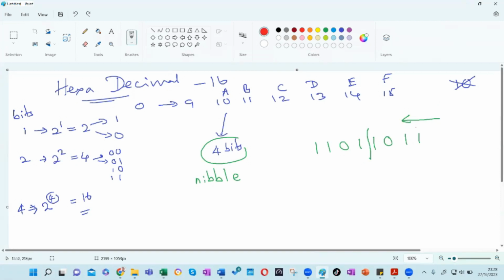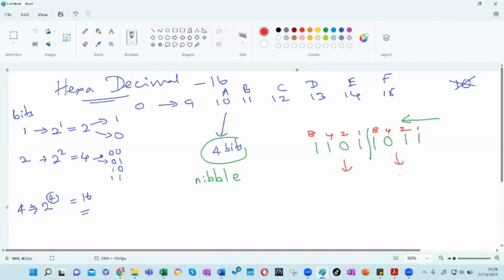How do you do that? We did it in the first lesson. We write the positional values 1 2 4 8, 1 2 4 8, and then you convert that into the corresponding denary number.